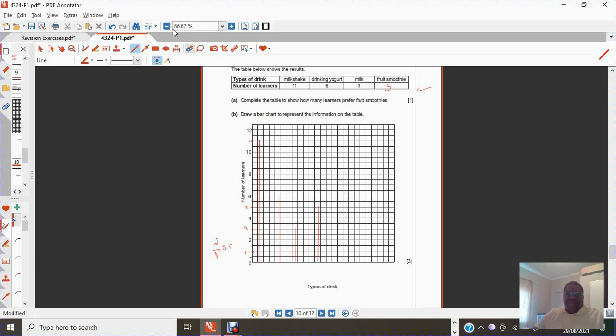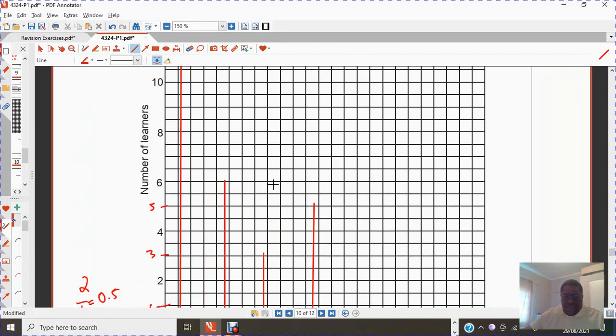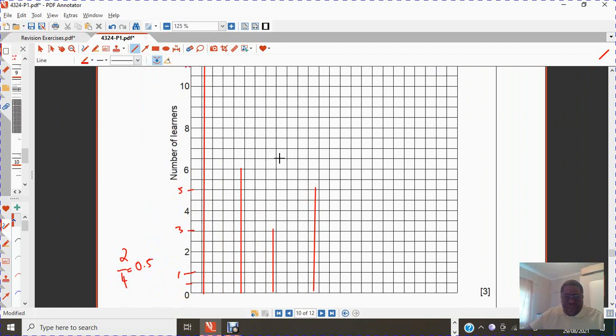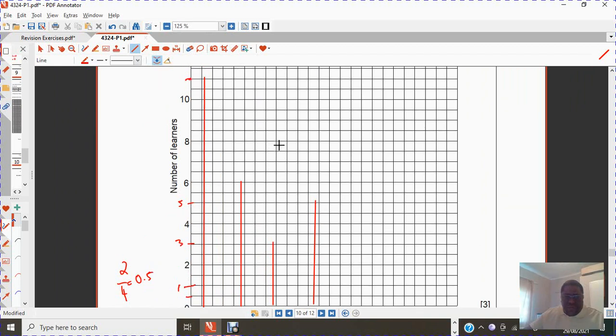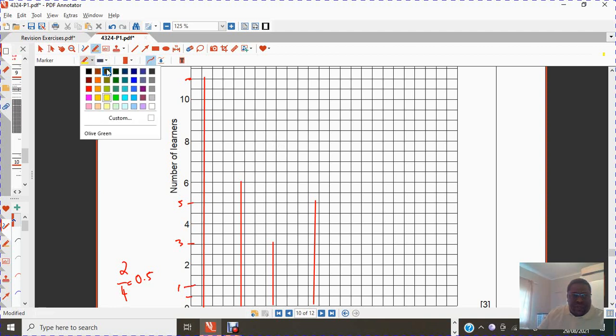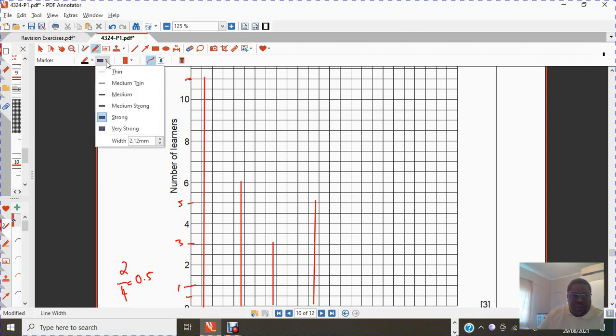Okay, so let me see what I can do to make my graph look a little bit nicer. Okay, I just had to do that. So let's just make it a bit smaller now. Right, so I want all that to go to 11. Maybe I'm just going to use my highlighter for now, but I guess you will have the idea. You'll know exactly what you should do. All right, very strong. So that's 11.